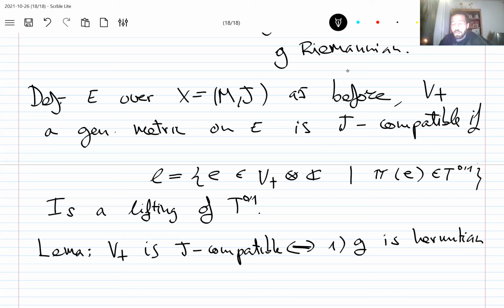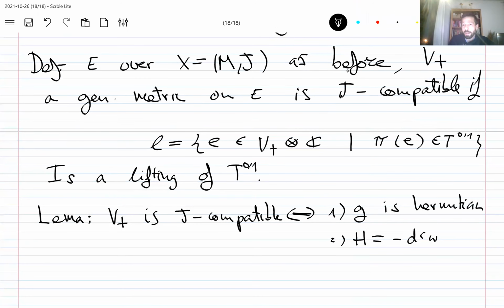This is just a manifestation of the fact that your L is isotropic, and therefore G has to be of type 1,0 plus 0,1. And two, H, the three-form determined by the generalized metric, is precisely minus dc omega, where omega is the Kähler form of the Hermitian metric. So omega is G J.